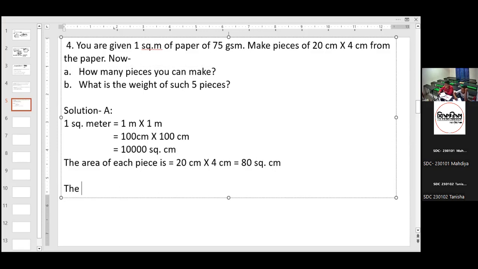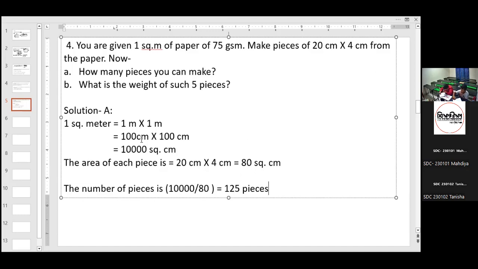So the number of pieces is 10,000 divided by 80. Yes, sir. So it is 125 pieces, right?